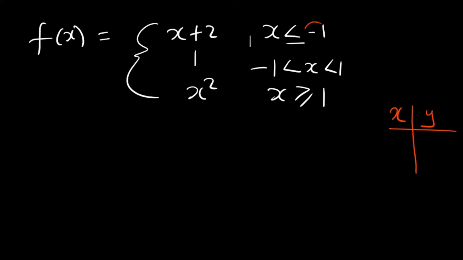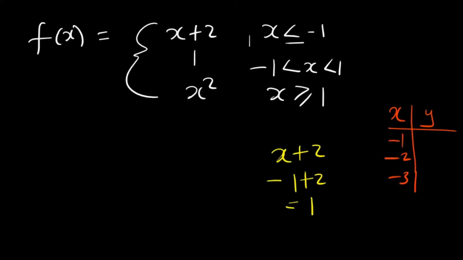Because it is less than or equal to negative 1, we can start from negative 1 going down, all the values that are less than negative 1, so negative 2, negative 3. We can get three numbers, it's fine. Our equation is x plus 2. If I put negative 1 where there is x here, what do I have? Negative 1 plus 2, that just gives me a 1.